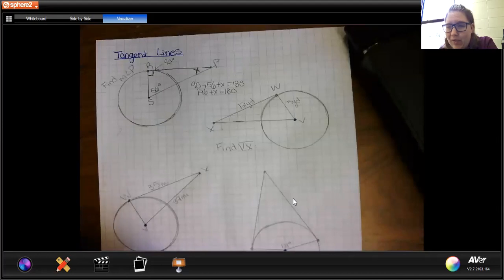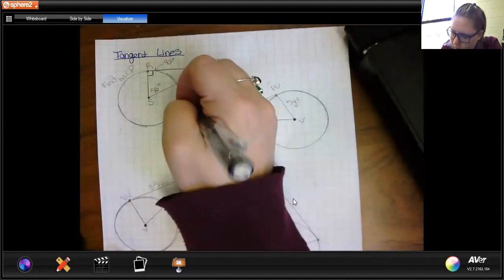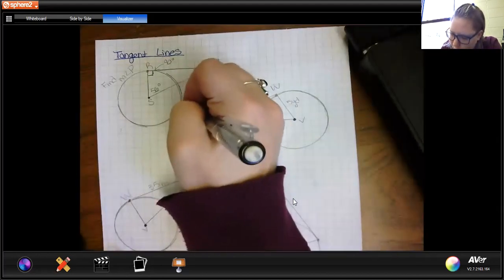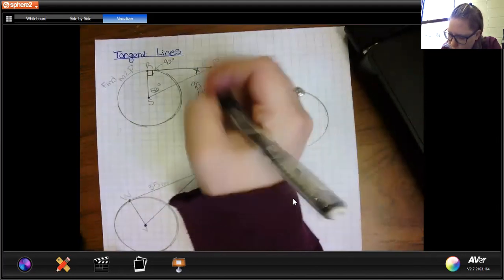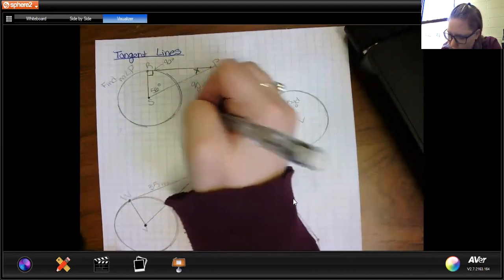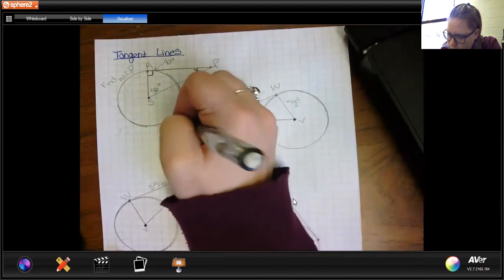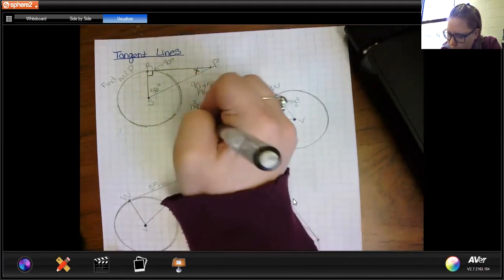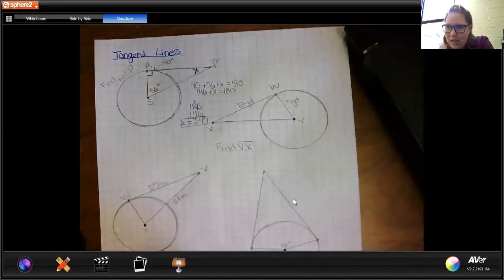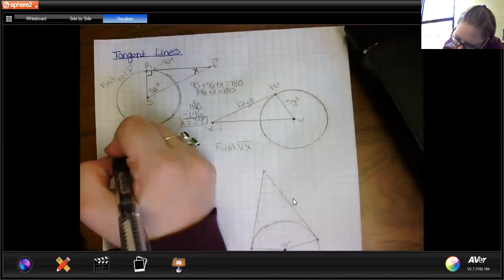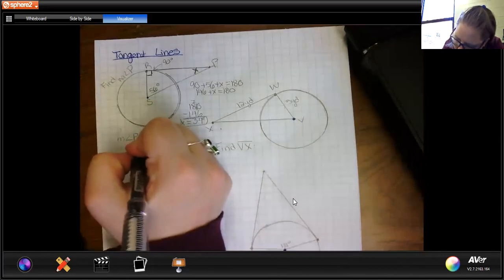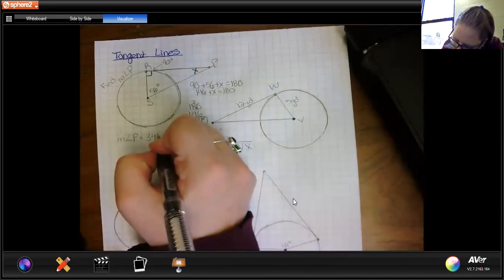Well, if you can't come up with that off the top of your head, just subtract. So 180 minus 146. I'll borrow from the 8. 10 minus 6 is 4, 3. So X had to be 34 degrees. So my angle P is 34 degrees. The measure of angle P equals 34 degrees.